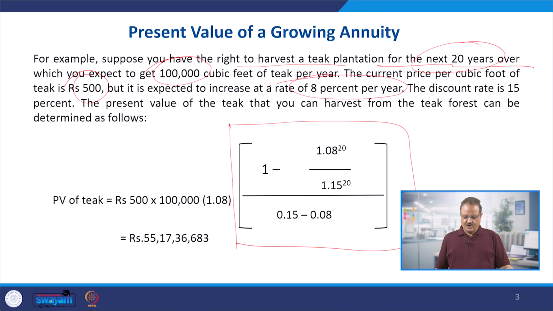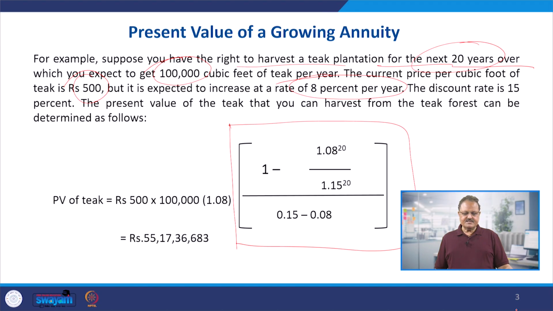Now, if we are given only this information, that the teak plantation we are going to harvest for 20 years, and the expected harvest is 1 lakh cubic feet per year, and the price per cubic feet of teak is also given to us, but the growth rate is not given, then it's simply an example of an annuity.